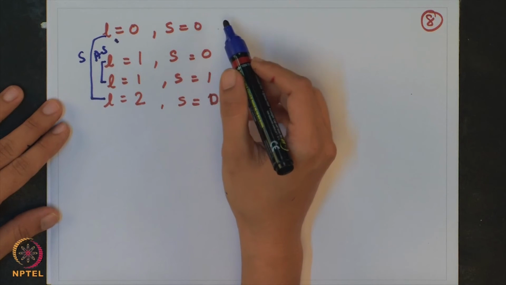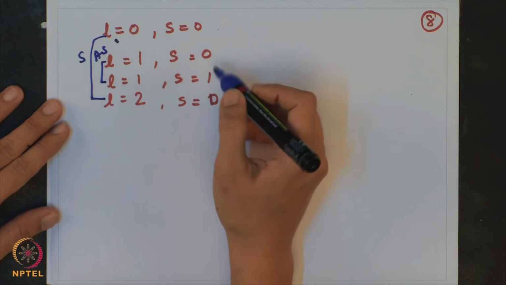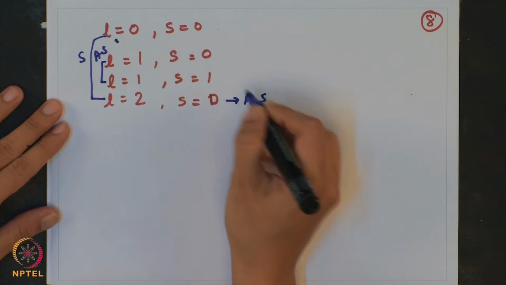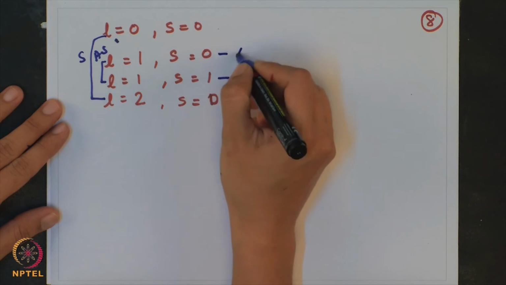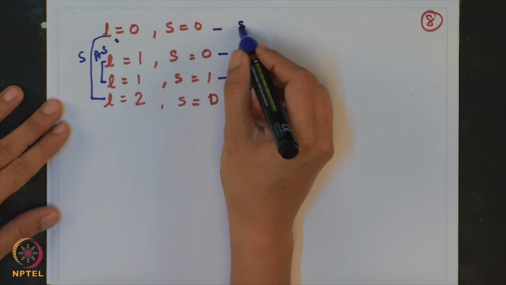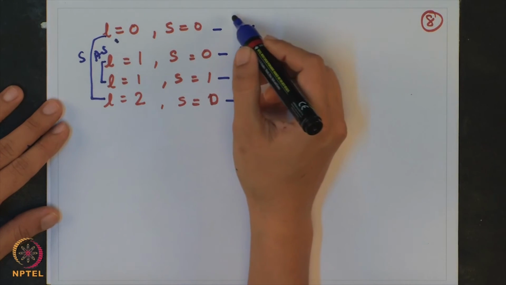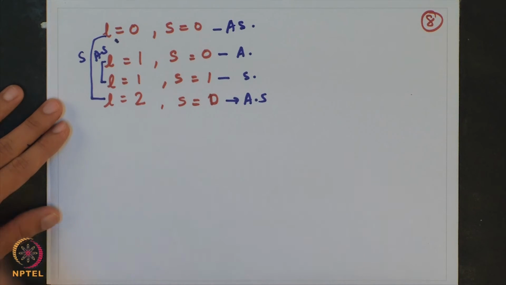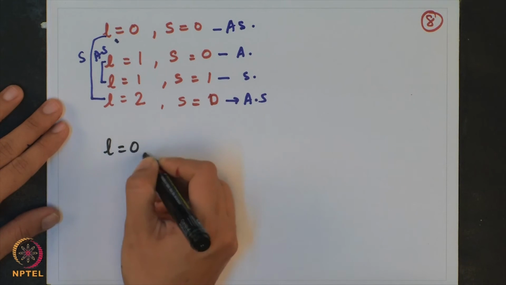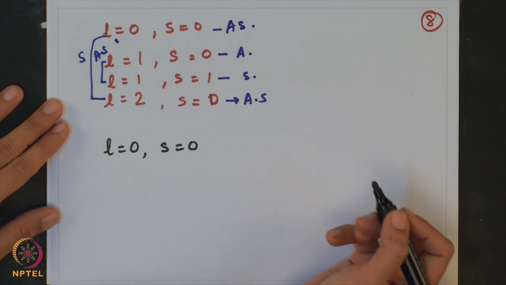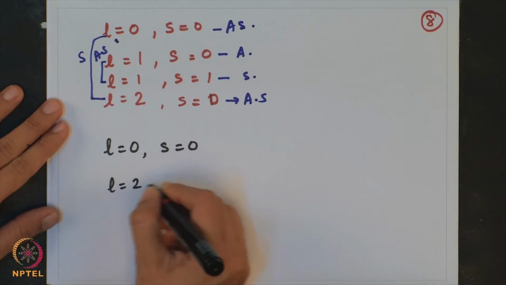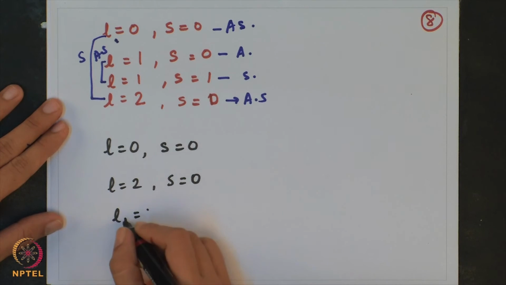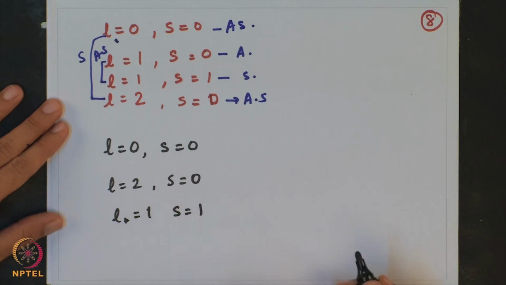Similarly, S is equal to 0 gives an antisymmetric combination, and S is equal to 1 a symmetric one. So from these you have to choose the combinations which are allowed. L is equal to 0, S is equal to 0 will be allowed, L is equal to 2, S is equal to 0 will be allowed, and L is equal to 1, S is equal to 1 will be allowed.